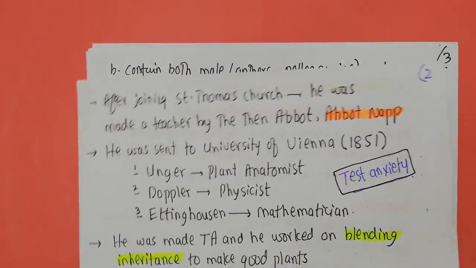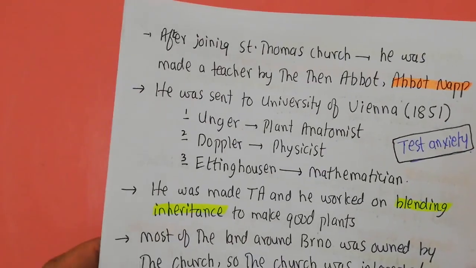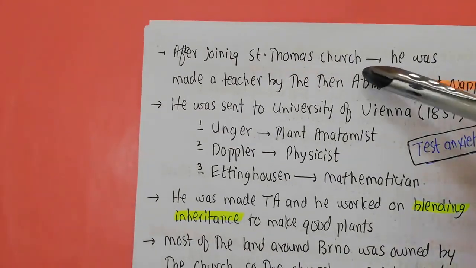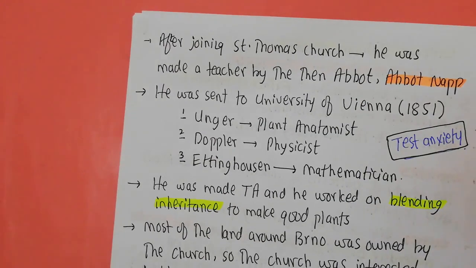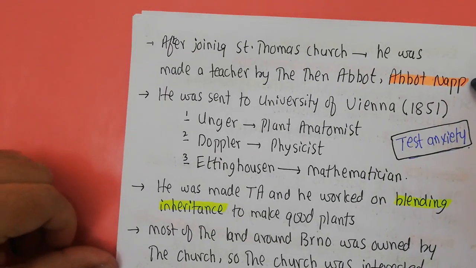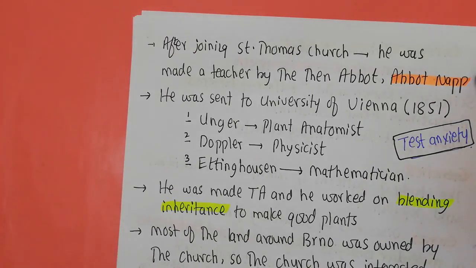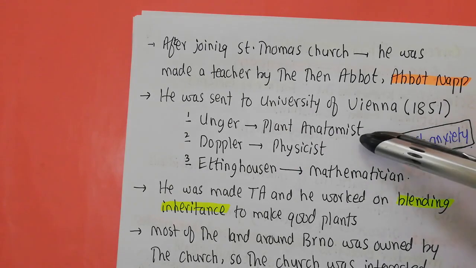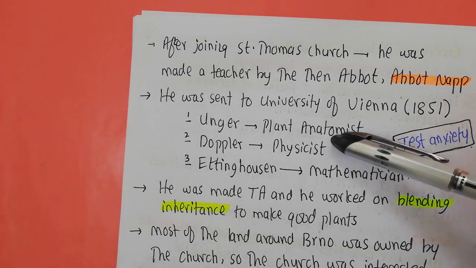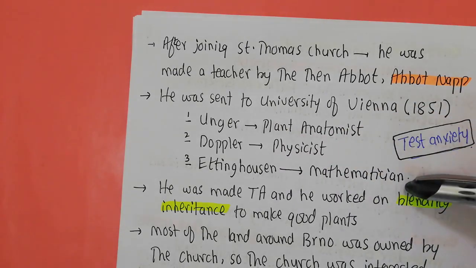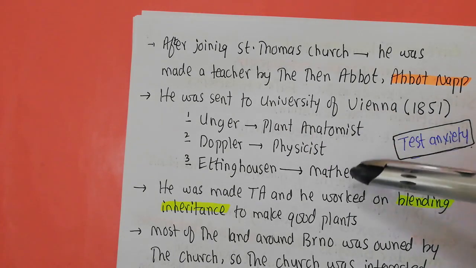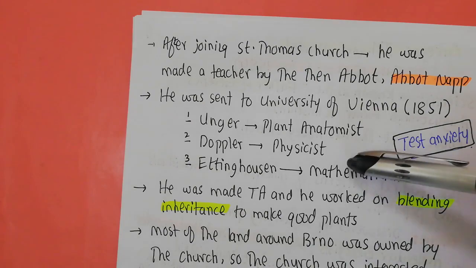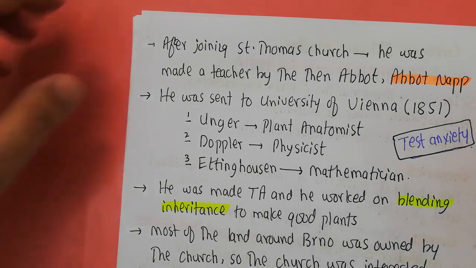Joining the St. Thomas Church, he went to the University of Vienna in 1851, sent by the then abbot, Abbot Napp. At the University of Vienna he remained under the influence of three important teachers: Unger, a plant taxonomist, Doppler, a physicist, and Eddinghausen, a mathematician. Especially Unger and Eddinghausen had a very prominent effect on Mendel's laws.